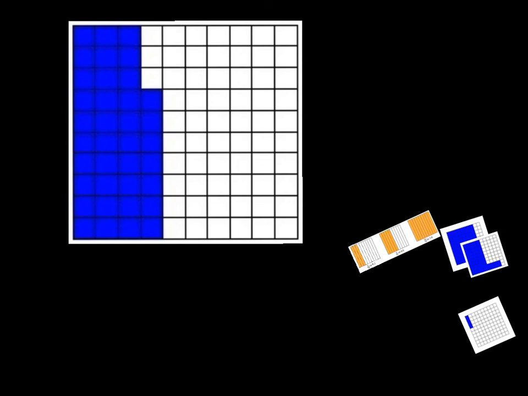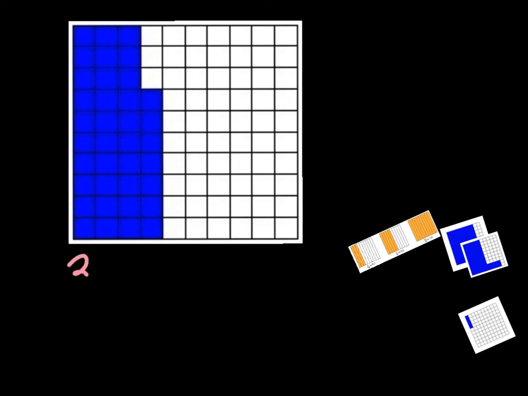And if we were going to try to figure out a fraction, we could count all of those squares, or if you know that there are 10 in each column, this right here would be 10, 20, 30, and then I could count 31, 32, 33, 34, 35, 36, 37.